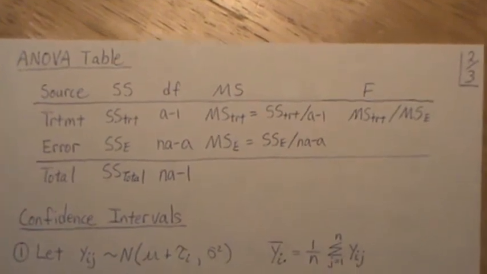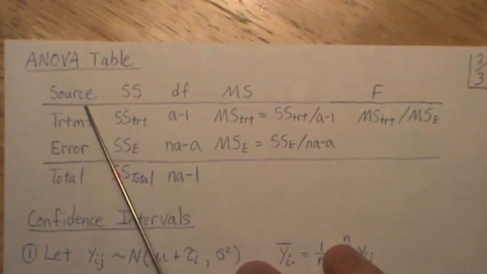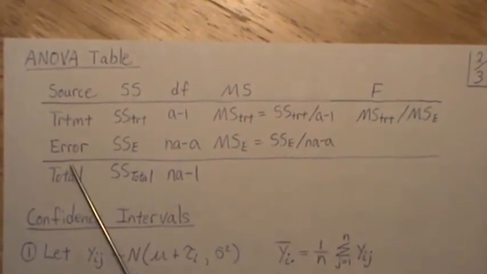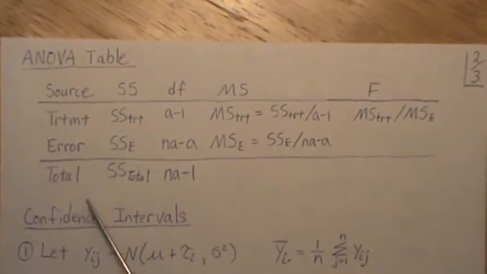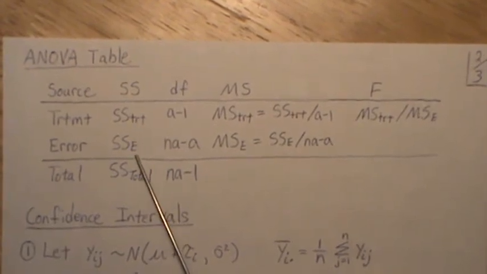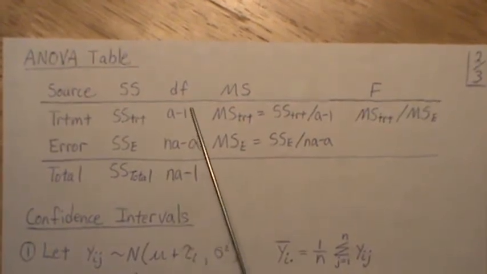All these are summarized in what's called an Anova Table. So we have a source of variation: the total variation, the error variation, and the treatment variation, and we look at those through the sum of squares. So we have sum of squares treatment, error, and total, and the degrees of freedom associated with these.